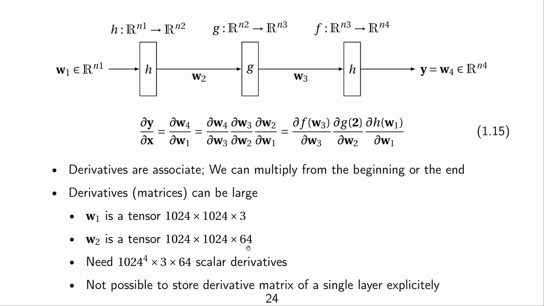If we really write out this complete matrix of derivatives, that's no doubt going to be sparse. However, let's just look at how many individual entries are in this matrix. The matrix is going to be 1024 to the power of 4 times 3 times 64. So this is going to be a huge matrix just for this one single computational node. And this matrix might already be too large to store in GPU memory.